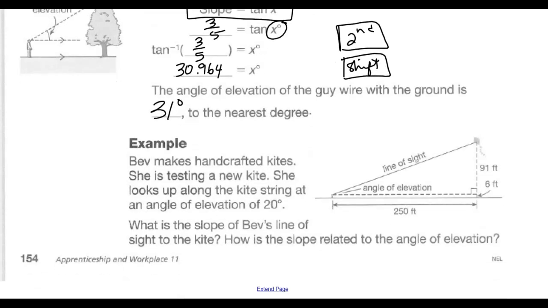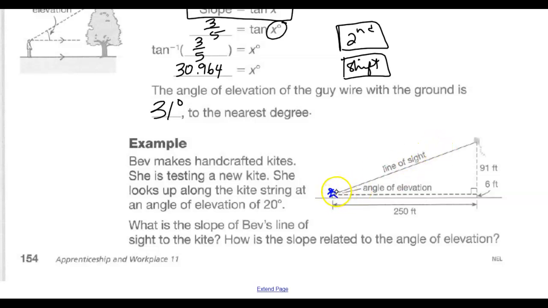Okay, next one. Bev makes handcrafted kites. She is testing a new kite. She looks up along the kite string. So she's here. Notice how there's a little gap from the horizontal, because that's where her string is. So I'll just do a little stick person there.